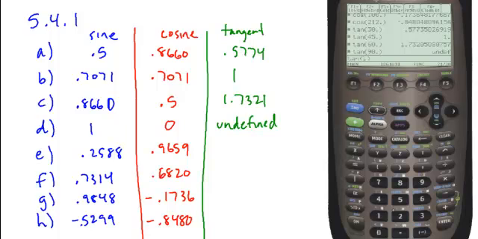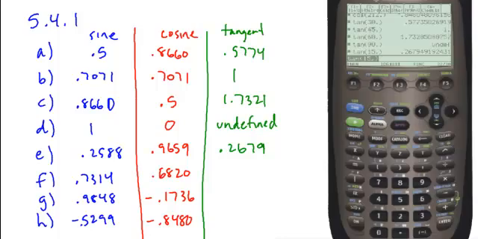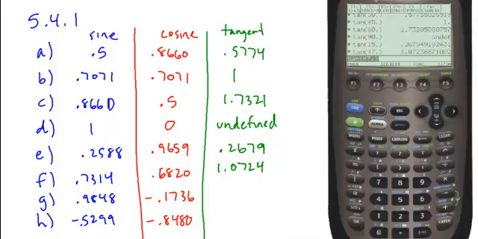For 15 degrees, 0.2679. 47 degrees, 1.0723. Oops, it's rounded up to 24.